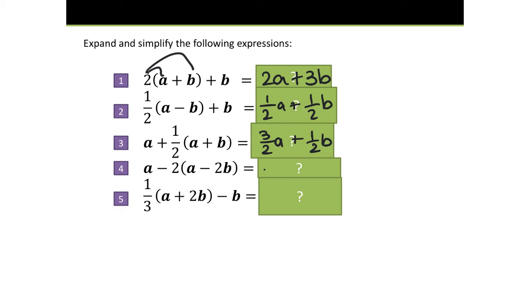What do we get? Minus A plus 4B. You can do this in your head. I believe in you. Okay, and the next one. We're going to get a third A, 2 over 3 minus B minus a third B. Is that right? Thank you.